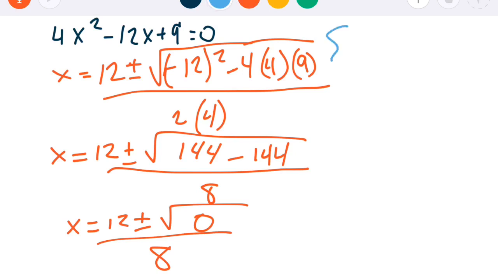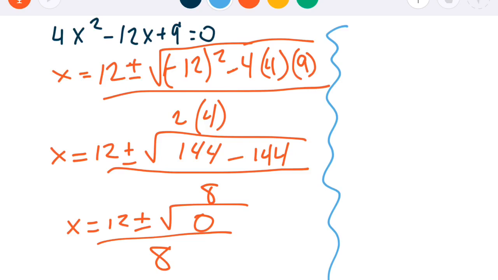I'm going to split up the page here. Alright, so obviously the square root of 0 is just 0. So what we have here is a problem where we're going to have 1 solution.